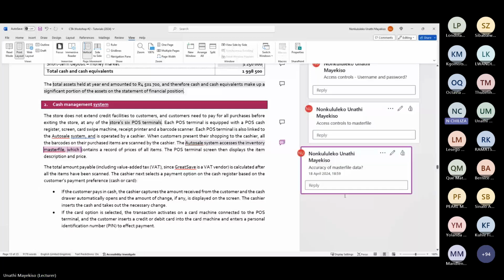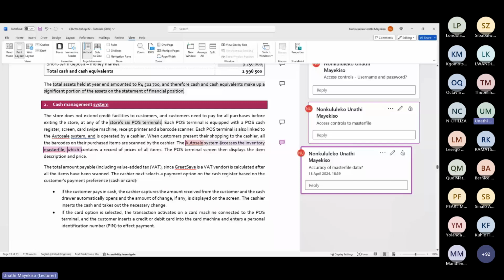Yes, Amati, I wanted to ask, maybe I'm going off on a tangent a little bit, but is the POS connected to the inventory module to alert the business if they've reached the reorder levels? A nice one, I like that one. Linked to the auto sale system, where auto sale accesses the inventory.